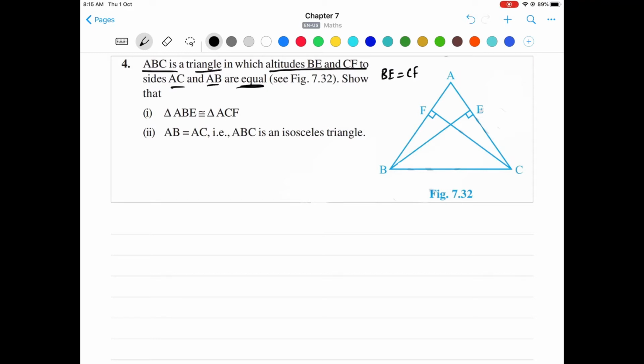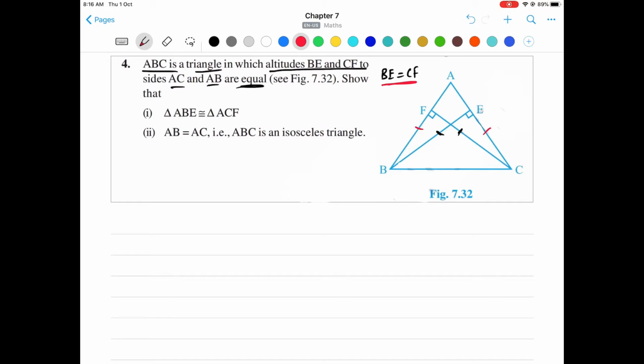Now we have to prove that this AB and AC are equal. While in question number 3 we are given that AB and AC are equal, and we are asked to prove BE equals CF, in question 4 it's reversed: we are given BE is equals to CF and we have to prove that AB equals to AC.